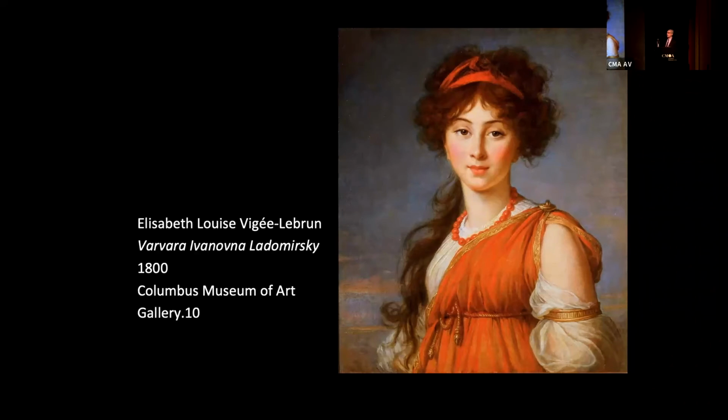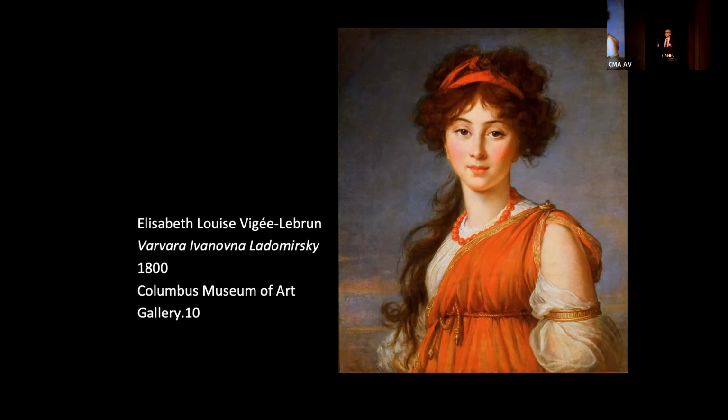And Ms. Ladomirsky here is wearing an outfit that is, first of all, the way the hair is kind of down, which it wouldn't necessarily have been for formal dress. And then she's got sort of a drapery, which is very sheer, something like a palla, or more like a stola, more of an overgarment. It's so far off the shoulder, this diaphanous fabric, and it's so flimsy and see-through.